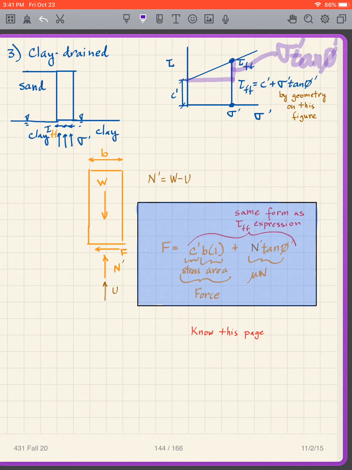And then this is C prime. So we get that our tau FF, as you can see from just using geometry, is going to be the C prime plus sigma prime tangent phi prime. So that gives me my tau FF.